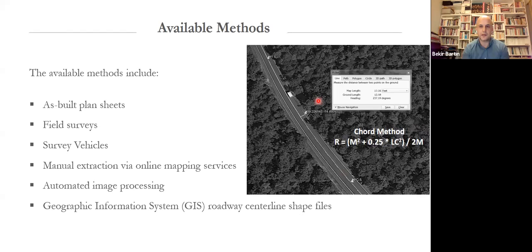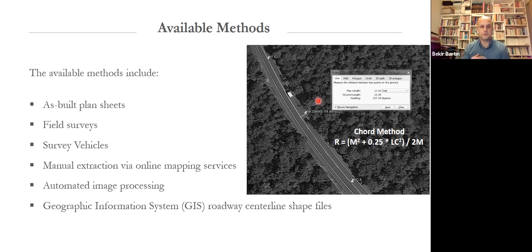As a matter of fact, as part of a research project that we conducted, it was, I believe, Highway 347 in South Jersey. It's about 8 miles long. We gave this task to 15 different people, PhD students and master students, and the number of curves that were identified varied between, I believe, 10 to 27, with an average of 17 curves.